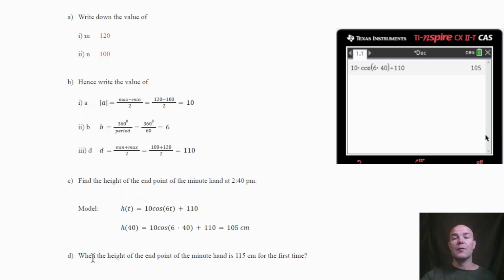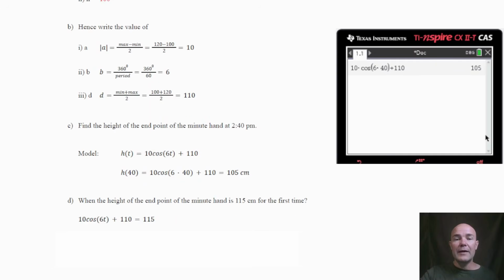So we are looking for the value for t, which means we are looking for the answer to our equation, so we make our model equal to 115. So now the height is 115. We are looking for the value for t. So we have to solve this equation with our calculator.